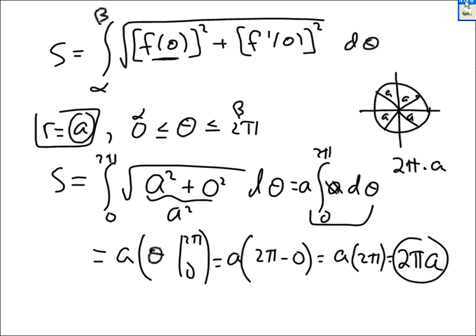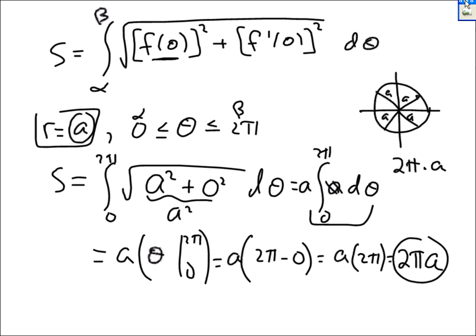Okay, so we knew this earlier from Calc 1, but now we learned a new way of deriving the formula for the circumference of the circle. Here it is. r equals a. Find the arc from 0 to 2 pi.